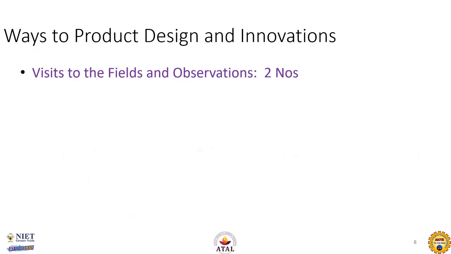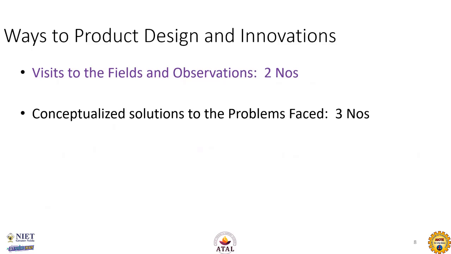By using this method, we have done two innovations, which I am going to discuss a little later. So one approach is that you must visit the outdoors, maybe indoors in some places, observe what people are doing and what problems they are facing, and try to provide a solution for that.